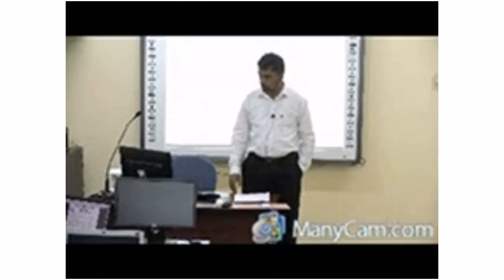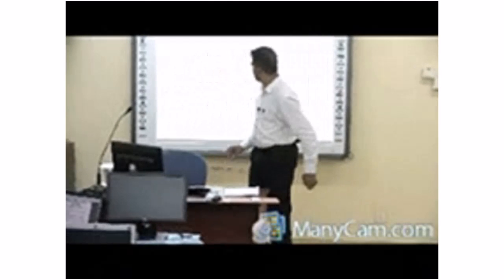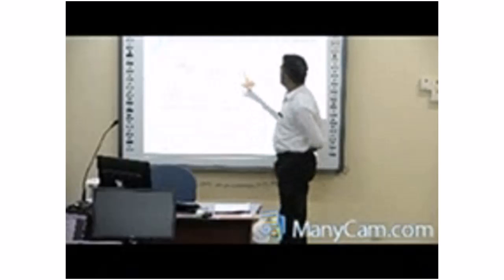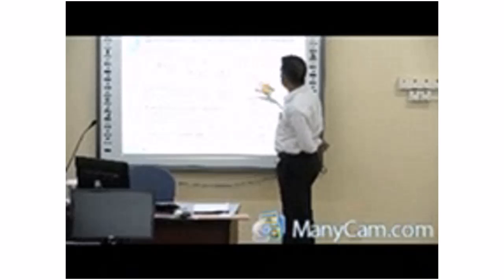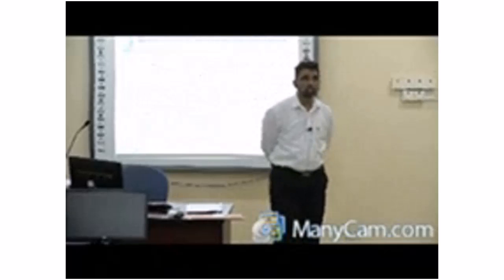Now for the probability, you can use the term nCx, and write the same thing: p to the power x, q to the power n minus x. This is the formula for getting probability under the binomial distribution.